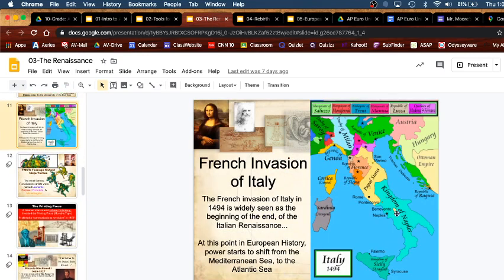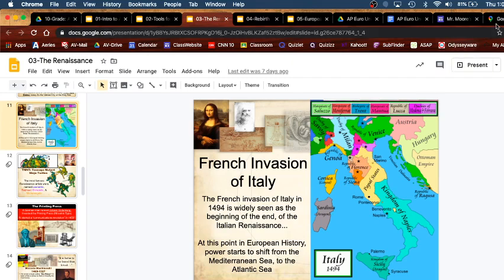Remember, Italy is this conglomeration of different political entities. Some are kingdoms, some are republics, some are duchies, right? Even the papal states are literally controlled by the Pope. Right? That's like the Pope's country.